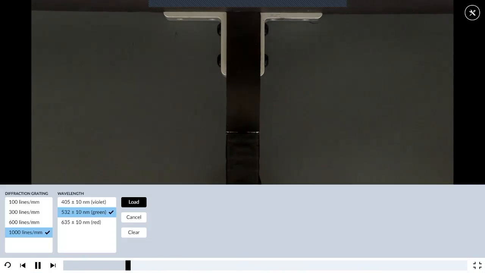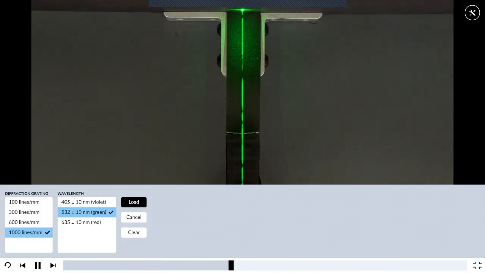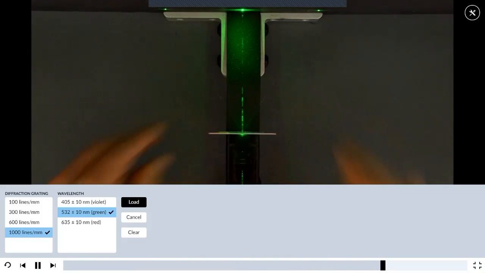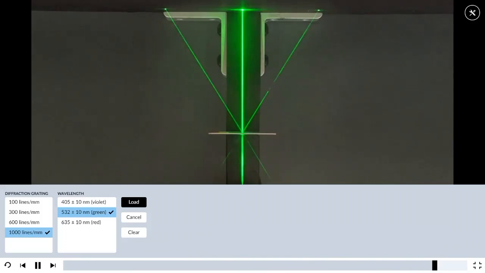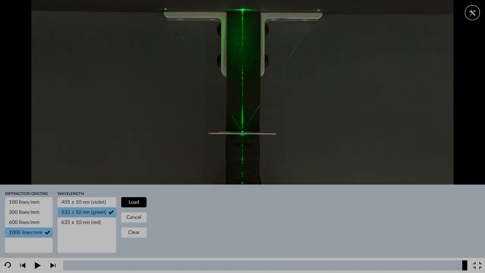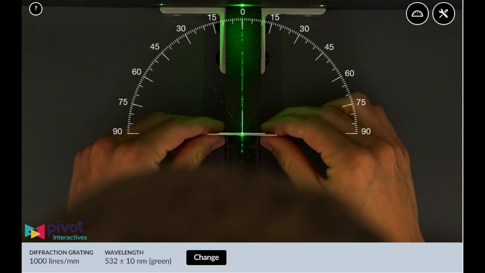So the second video allows you to control the laser wavelengths and the diffraction grid spacings. For this exercise, you should choose the wavelength and measure the diffraction using the same laser, but testing the array of different gratings. You've got to use the protractor to measure the angle of the first order maximum.